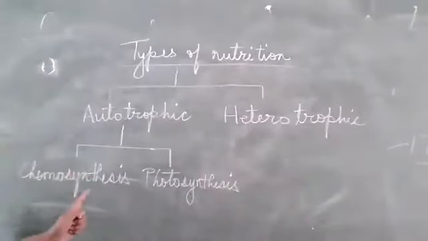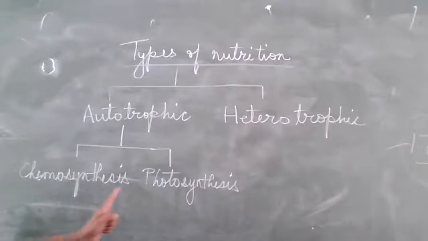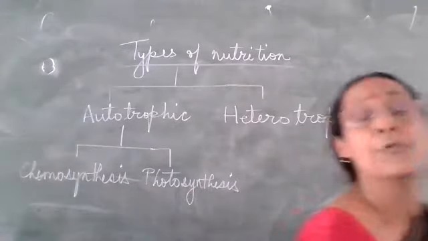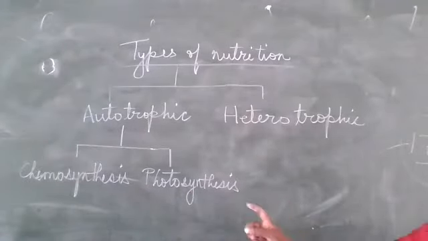Autotrophic is again of two types: chemosynthesis and photosynthesis. One by one, we will deal with it.